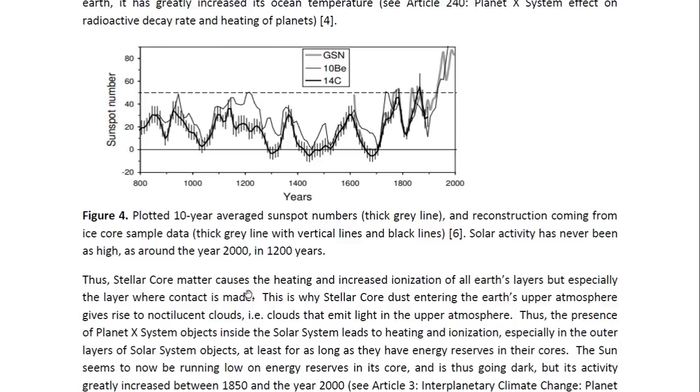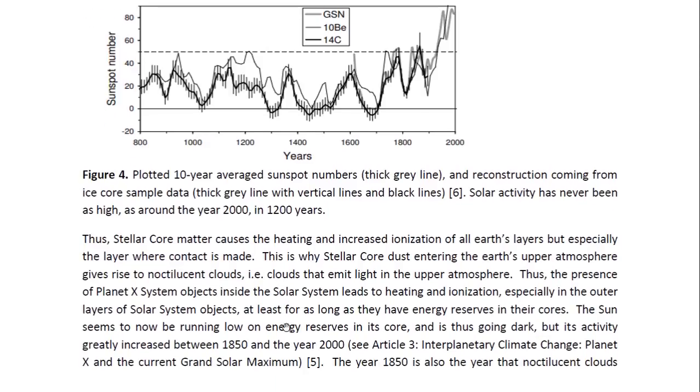Stellar core matter thus causes heating and increased ionization of all Earth's layers, but especially the layer where, as I said before, contact is made. And this is why stellar core dust entering the Earth's upper atmosphere gives rise to noctilucent clouds, i.e. clouds that emit light in the upper atmosphere.